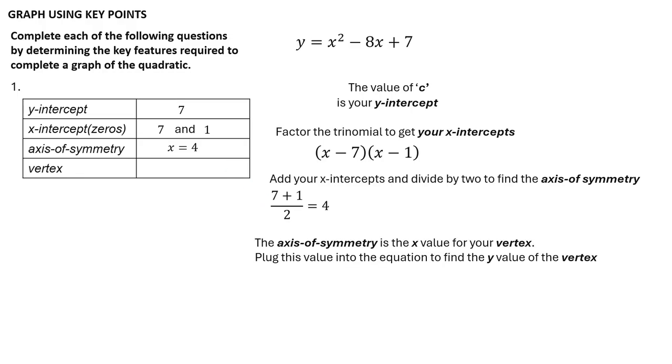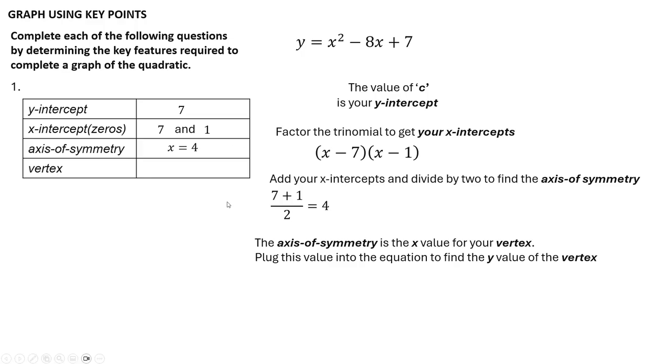So let me say that again. The value of the axis of symmetry, in this case x equals 4, is the x value of the vertex coordinate. So if we take that value of 4 and plug it back into our equation, we can get the y value of the coordinate.